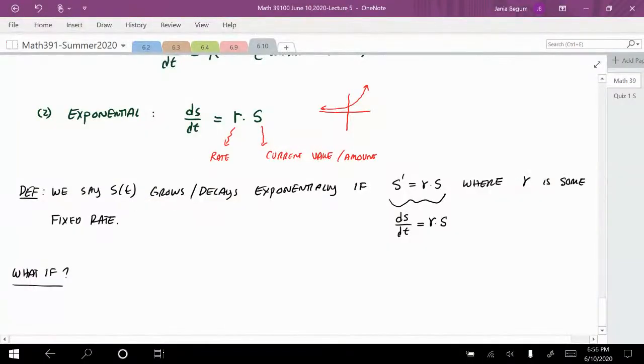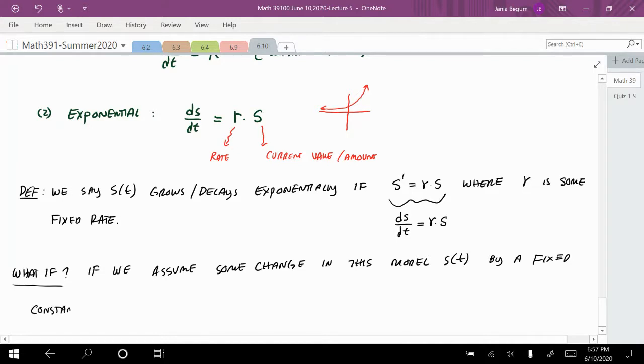So what if we add a constant factor to this differential equation? If we assume some change in this model s of t by a fixed constant, let's say k, then we obtain the following formula.